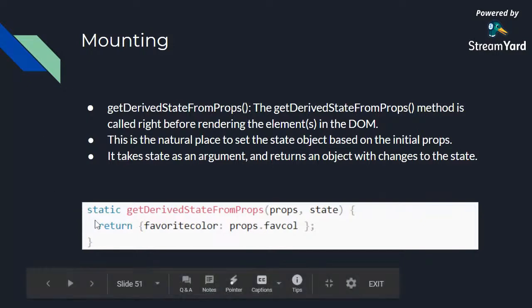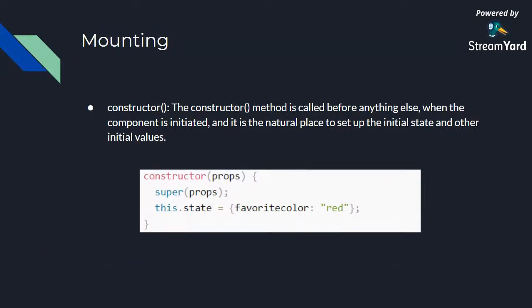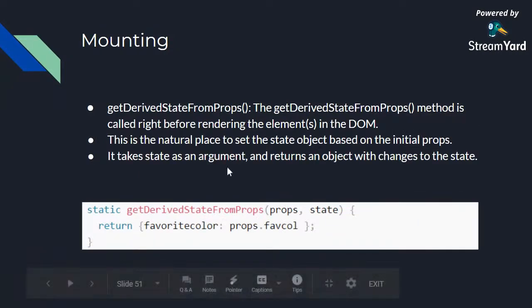As you can see here in the constructor section, this.state.favoriteColor, we have set it to red. Now, if we are passing some data from the parent to a child component, and we want to set the favorite color according to the props that have been passed, that can be done with getDerivedStateFromProps. It has two parameters, props and state, and it returns the state.